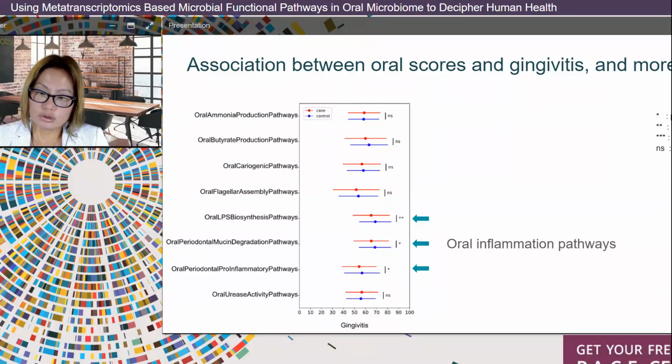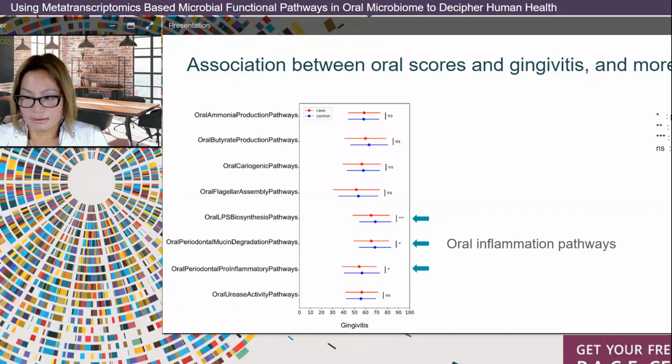We match these two groups by age distribution, male-female composition, and BMI distribution, at a 1 to 10 ratio, meaning for one case we match 10 control individuals from the pool. The red and blue bars show a dot in the middle, which is the mean, and the plus-minus standard deviation of the score from the two groups.